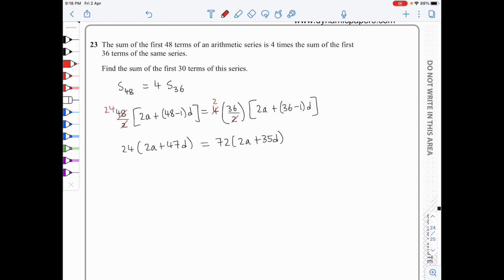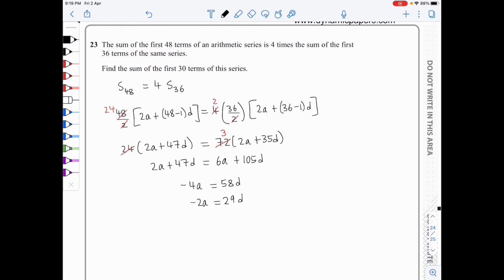The 24 with the 72 simplify out to give me a 3 here, and therefore 2a plus 47d is 6a plus 105d. So all of this is leading into minus 4a is equal to 58d. So minus 2a is 29d.